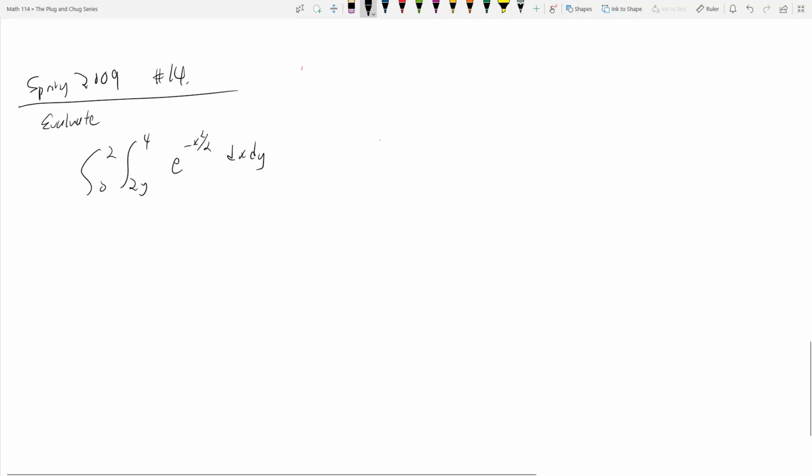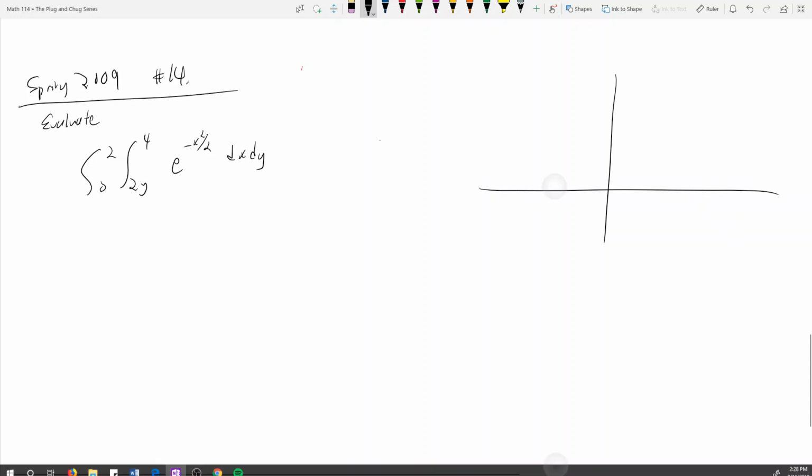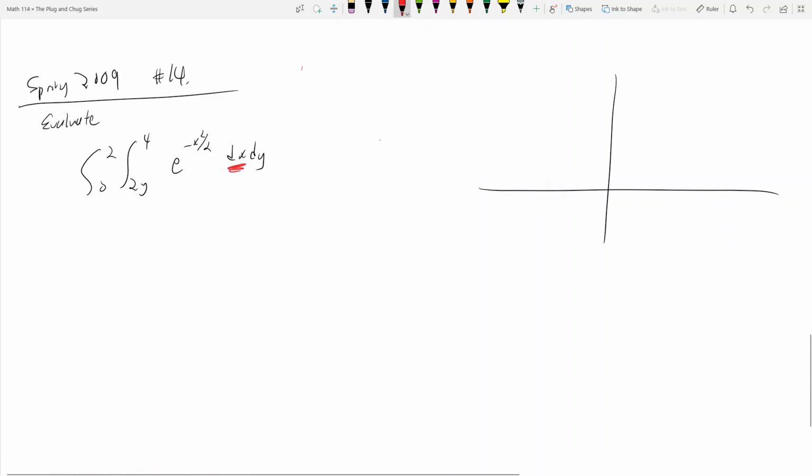So, then how do we do this problem? Well, first step, again, is to draw the region. So, okay, x is my inside integral. That means this first integral down here has x equals 2y and x equals 4. I know what x equals 4 looks like.